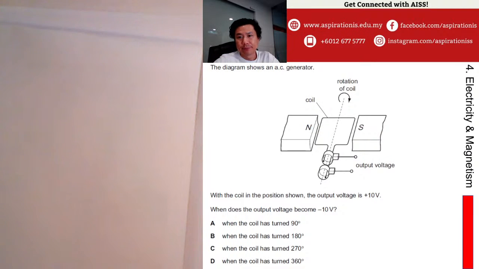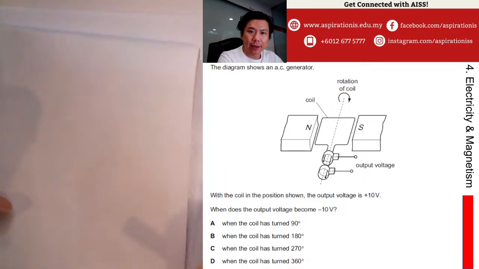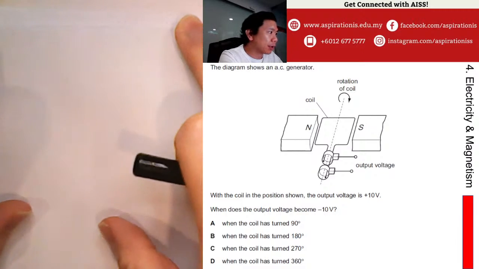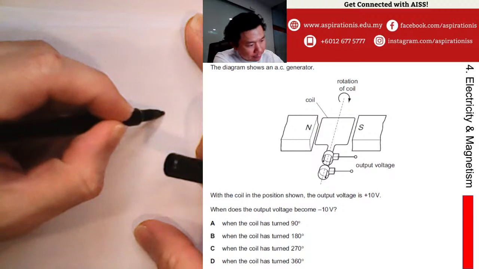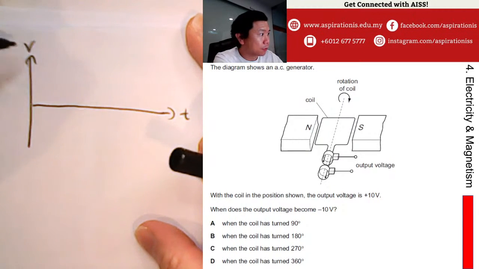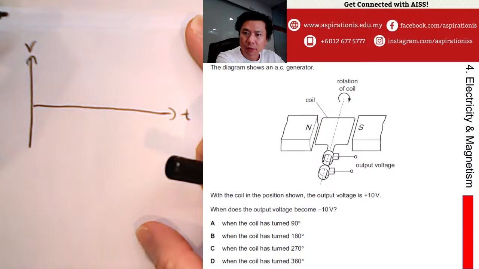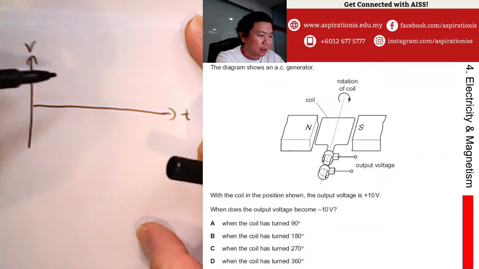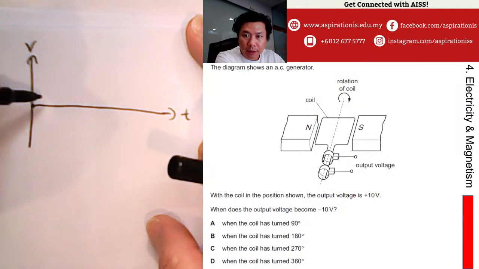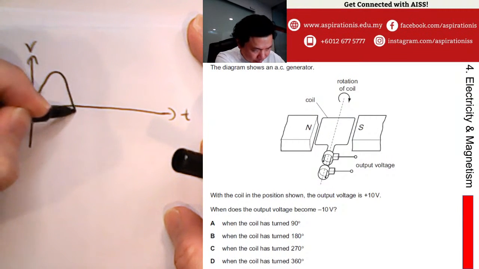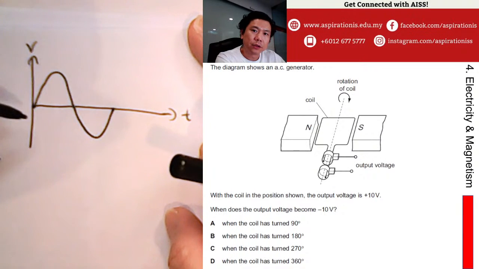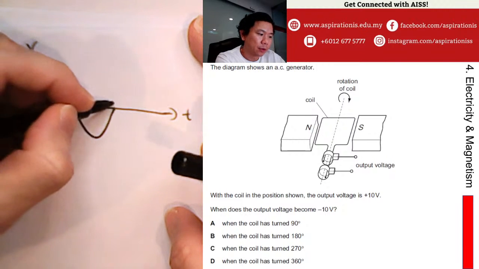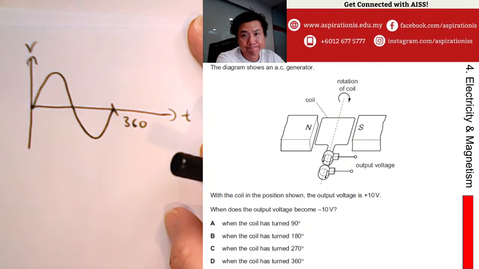B. Yes, you're absolutely right. Well done, Kenjin and Jared. Okay. So, looking at the graph, this is time and this is voltage. In order for this to happen, it needs to turn 360.